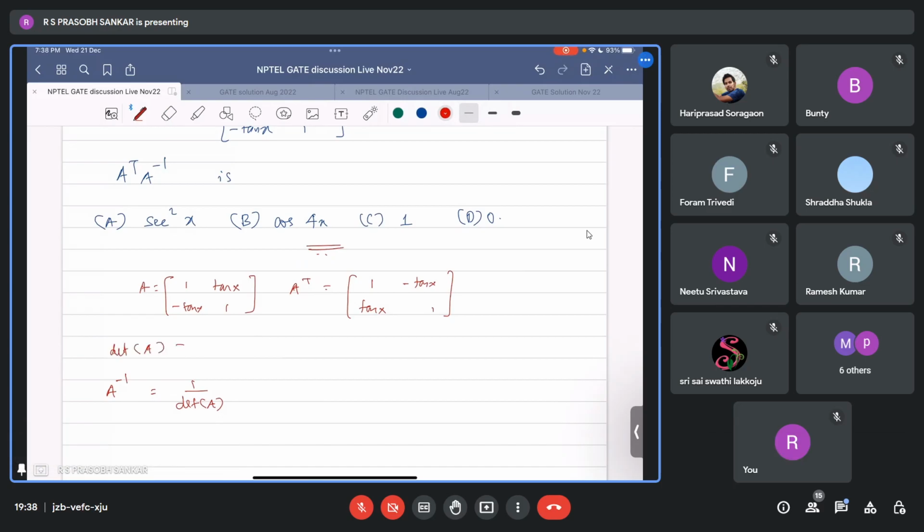So sorry, det of A is 1 plus tan square x. Now A inverse is 1 by determinant of A times the adjoint, so 1 by 1 plus tan square x. Adjoint means replace the entries with their cofactors.